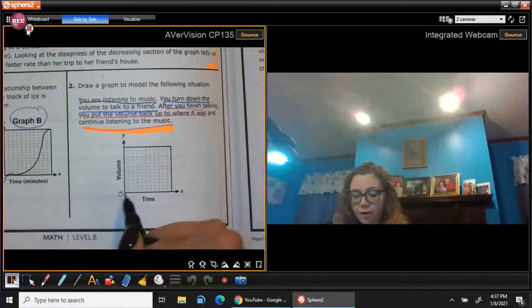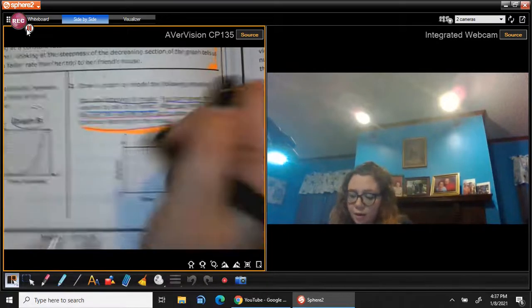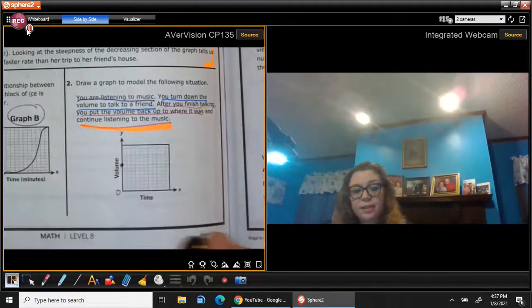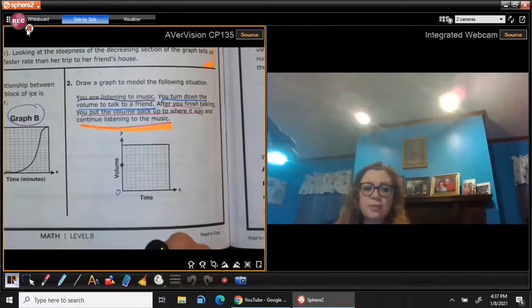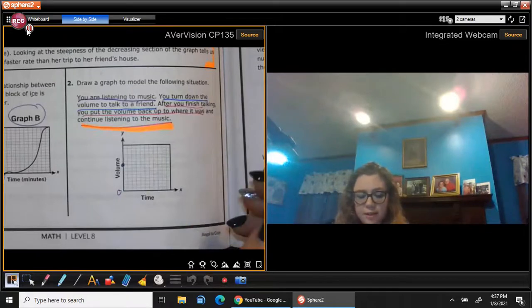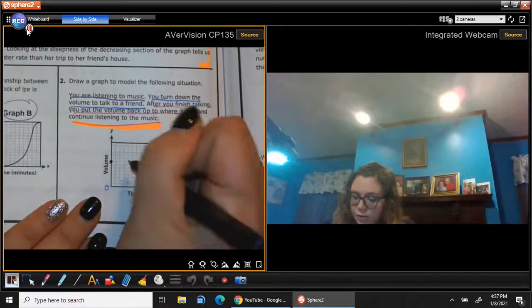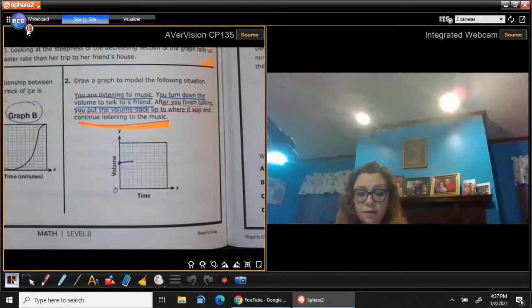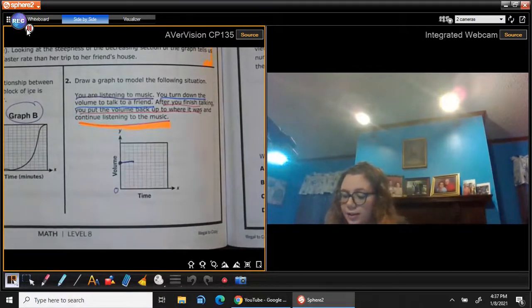You're not going to start from this point down here, you're going to start from up here, because that represents the volume. You're not going to be listening to music if you can't hear it. So the volume is going to be up. It is saying we are listening to some music for a little bit. It doesn't say how long, doesn't matter. We're just sketching what this graph might look like. And then it says you turn down the volume.